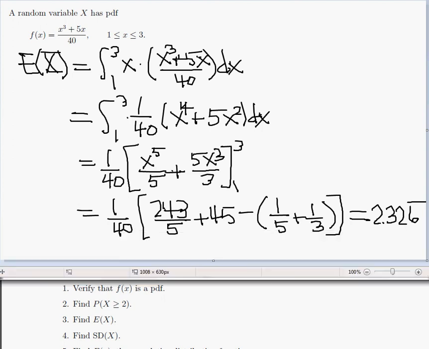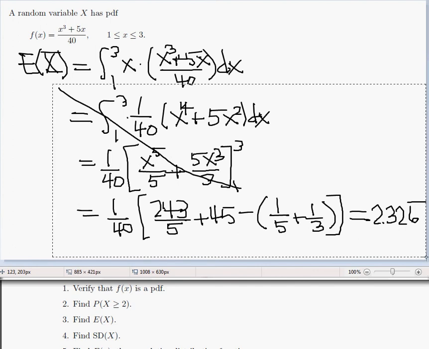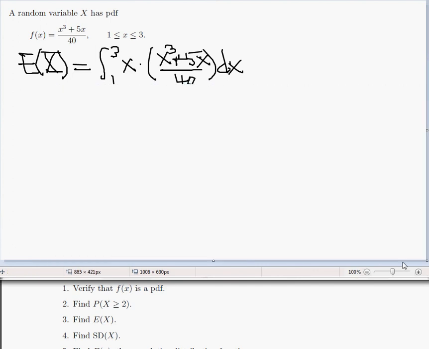To get the standard deviation of x, the first thing that I need to compute is the expected value of x squared. So let me get rid of almost everything that we just did. And the issue is to now find the expected value of x squared, which means I need to have a squared there when I find the integral.